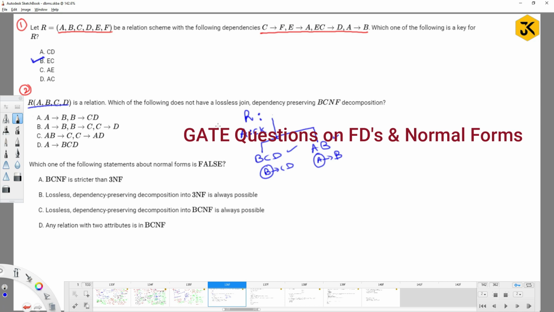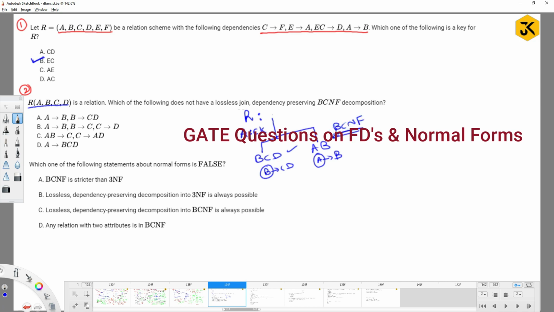Why? B is a candidate key. After splitting the table, we got the relation as BCD. In BCD, what is the candidate key? B, right? The left hand side is a key, so it is following the BCNF property. So it is now in BCNF.